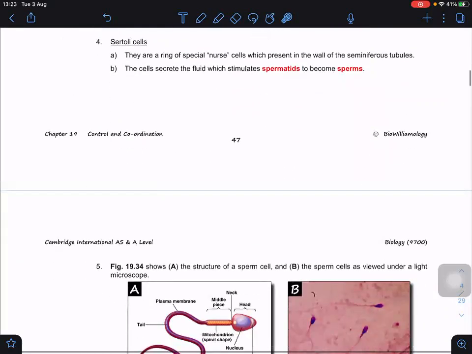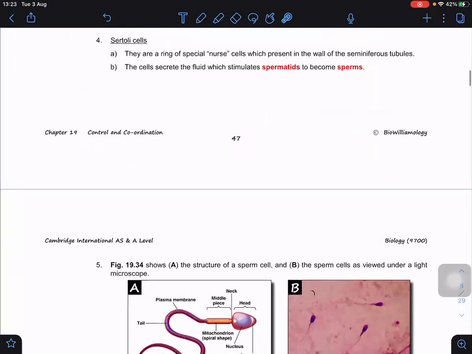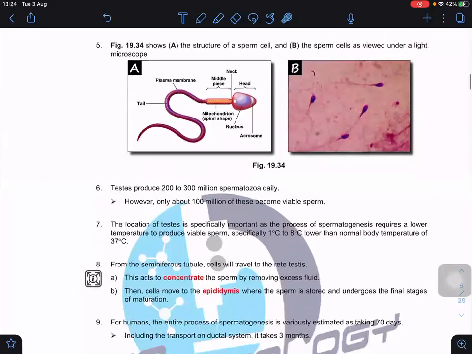Sertoli cells are the ring of special nurse cells present at the wall of the seminiferous tubules. The fluid secreted by these Sertoli cells stimulates the spermatids to develop into sperm cells.